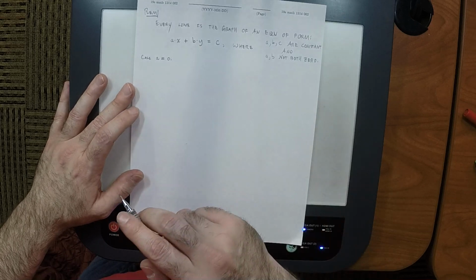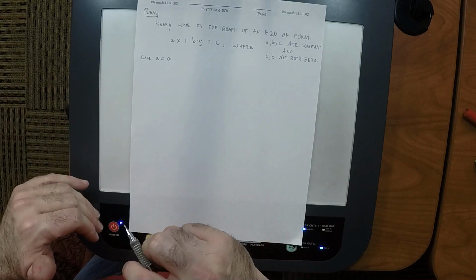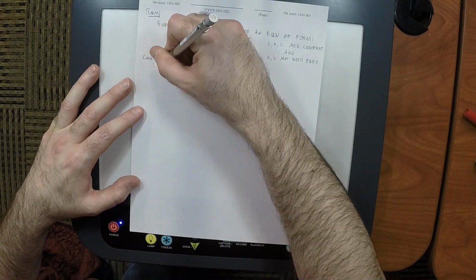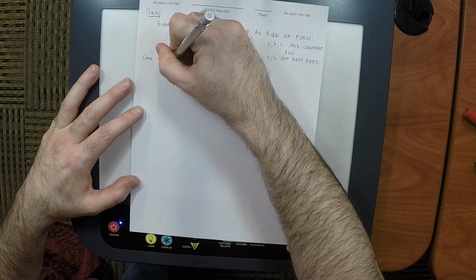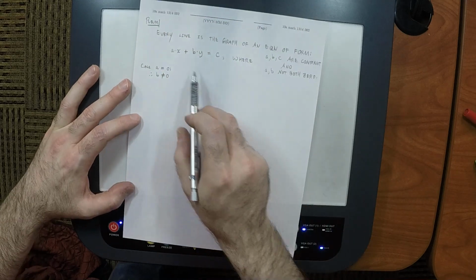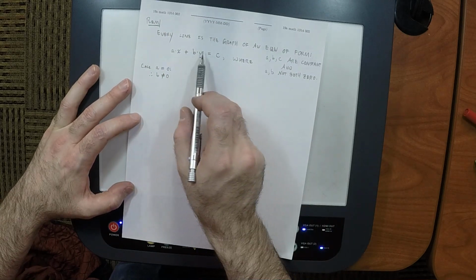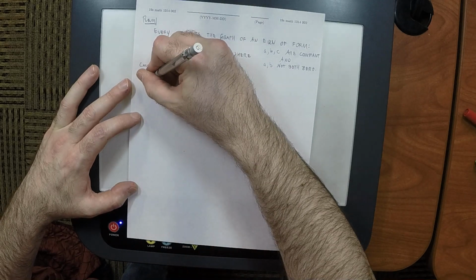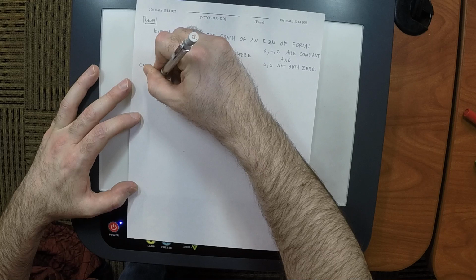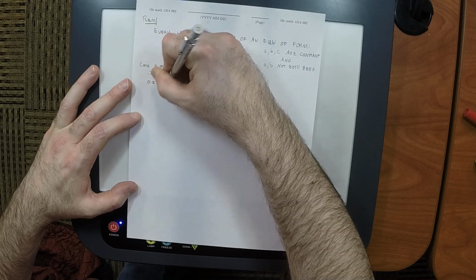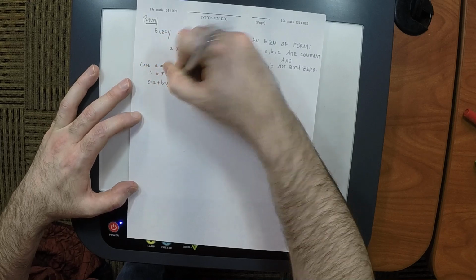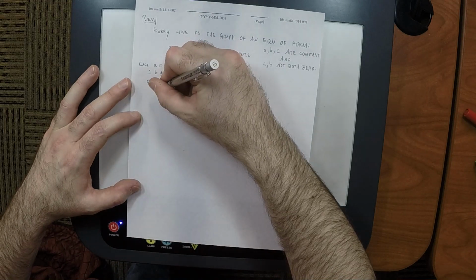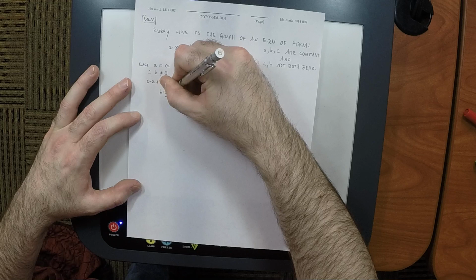So if a is 0, that means b isn't. Therefore, b is not 0. I'm going to take this equation and plug in a is 0. It would look like 0x plus by equals c. Of course, I can just drop the 0x. So then it looks like by equals c.